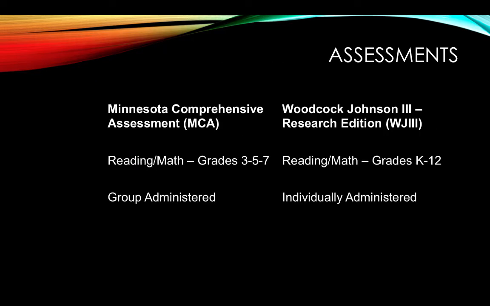Really briefly, we just wanted to share a little bit about these assessments and what they found as they compared co-teaching versus non-co-teaching. So they looked at two assessments, the Minnesota Comprehensive Assessment and the Woodcock-Johnson, for reading and for math.